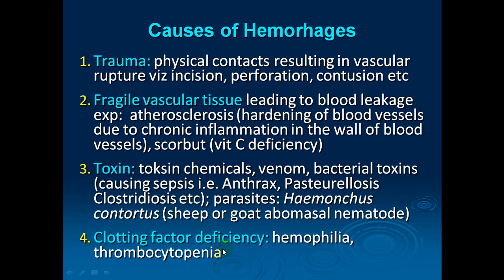And there is also clotting factor deficiency that can cause hemorrhages, for example, hemophilia or thrombocytopenia. You know hemophilia, right? A tendency for hemorrhages because of deficiency in some clotting factors.